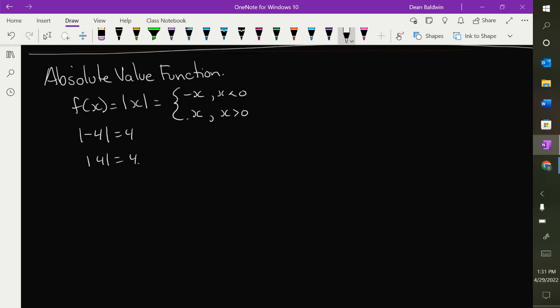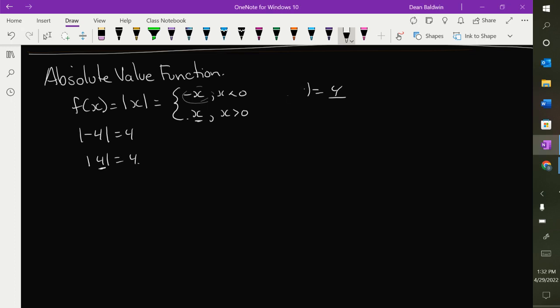So if I'm putting in -4, I look at this piecewise function here. -4 is less than 0, so I put it into this function, and you end up with negative of -4. That's why I get a positive answer. If I put 4 in, 4 is bigger than 0, so I put it into this x, so I just get 4. There's no negative. But this negative x, when x is less than 0, is why everything becomes positive when you plug it into the absolute value function.